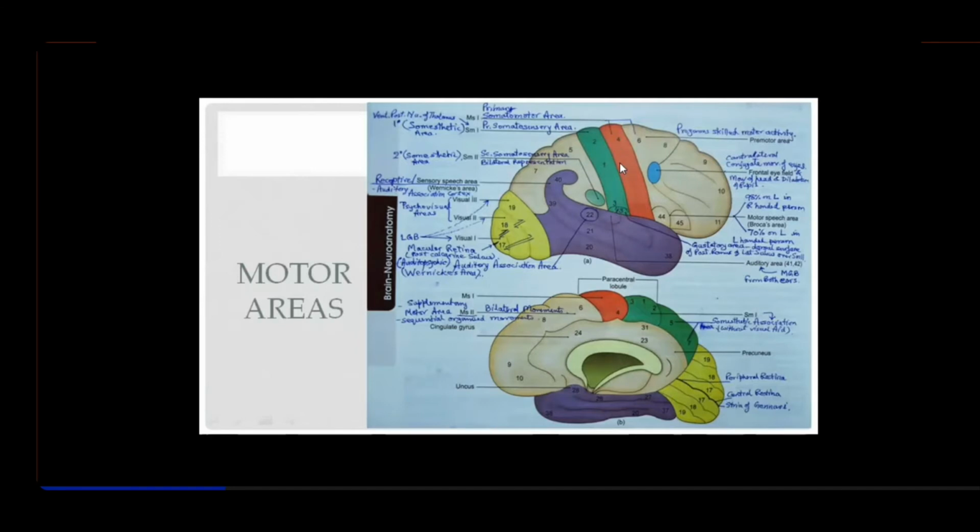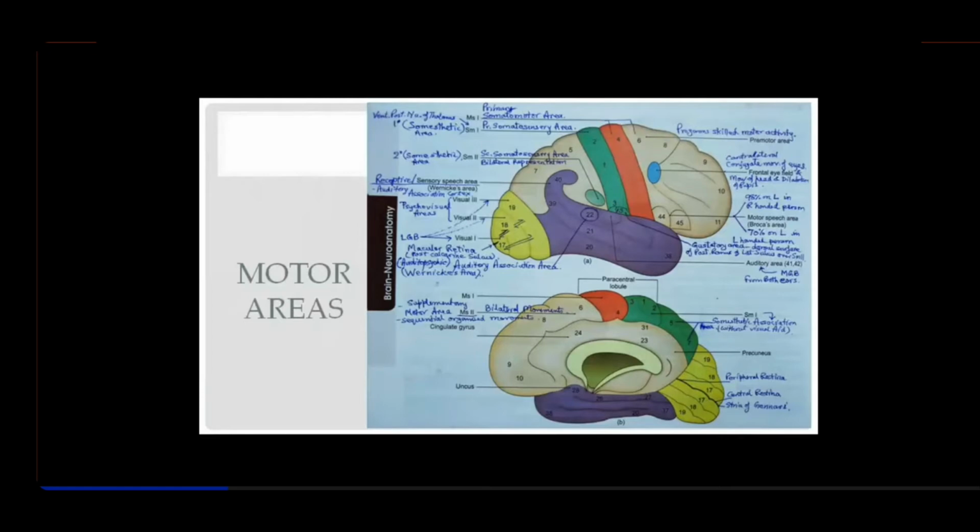About this area, it is the area which initiates and influences the movement of the limb muscles, all the voluntary skeletal muscles.